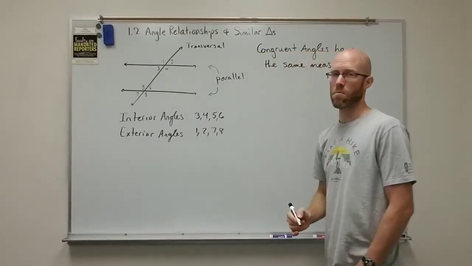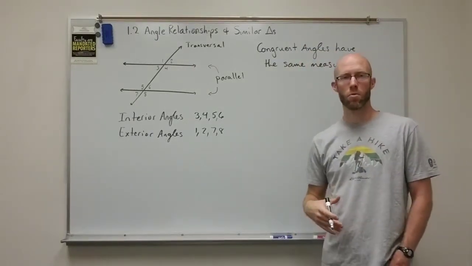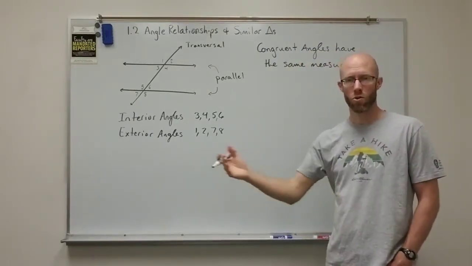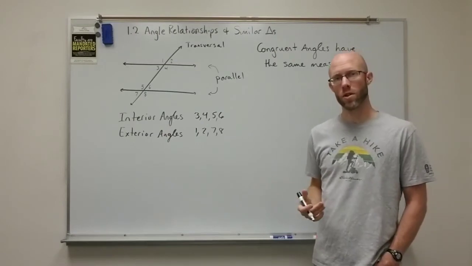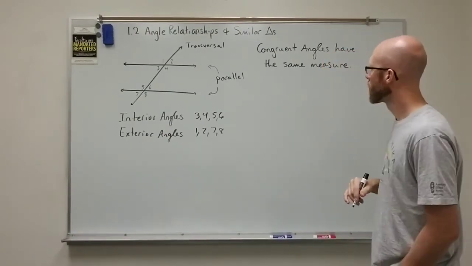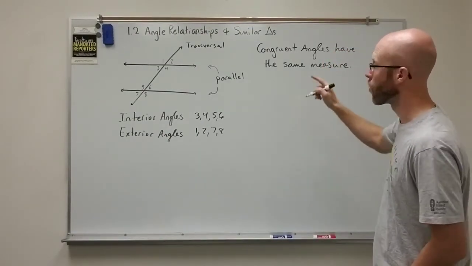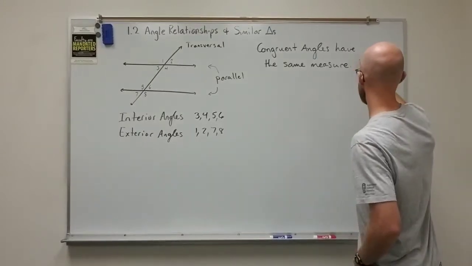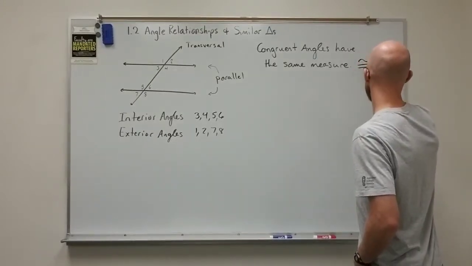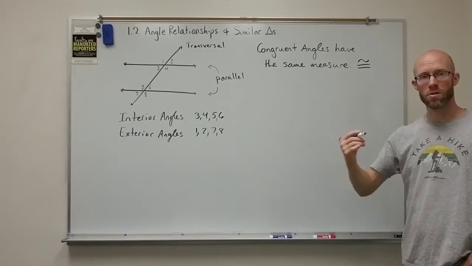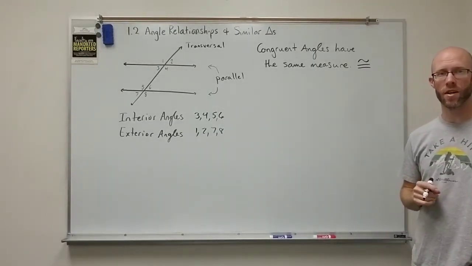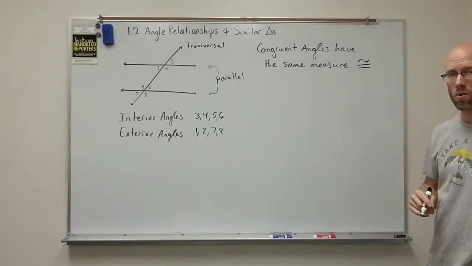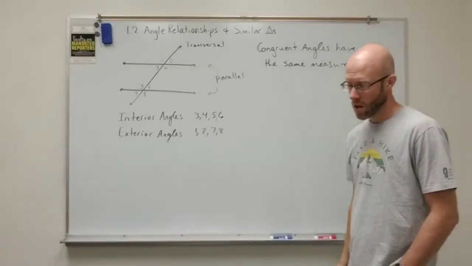When we say have the same measure, that just means they're the same number of degrees. So two 30-degree angles are congruent to each other, for instance. And the symbol for congruency looks like an equal sign with a little squiggle on top. So we're going to use that symbol for congruency.